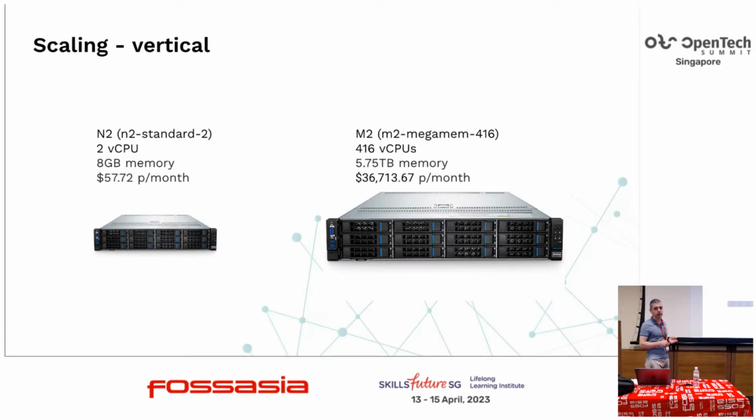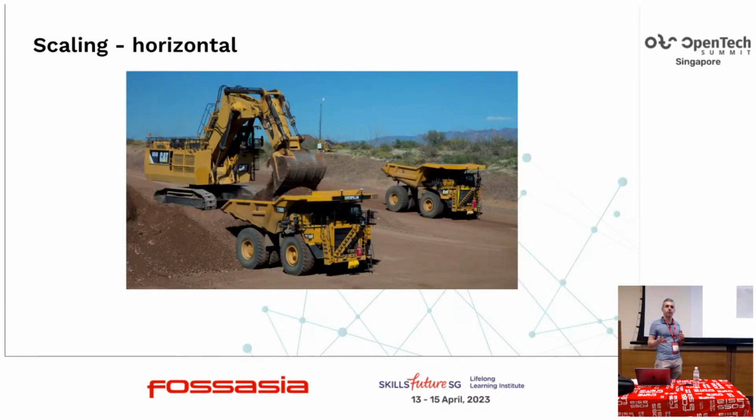Probably this will cost us a lot more than, for example, if we go with horizontal scaling. So horizontal scaling is, instead of building the machines up and increasing the memory and CPU, we want to partition the data.